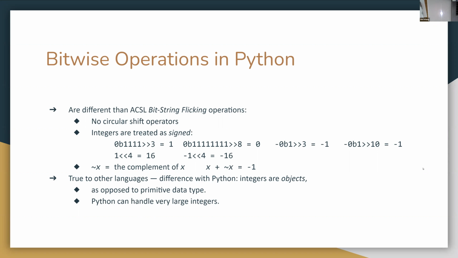Why are there negative zeros and negative products? I couldn't hear the question. There's no negative zero, but if you talk about signed integers, there are negative integers.